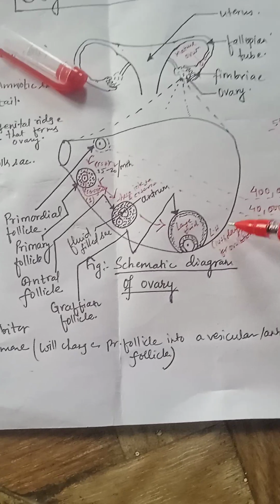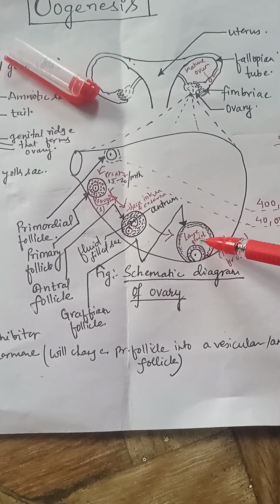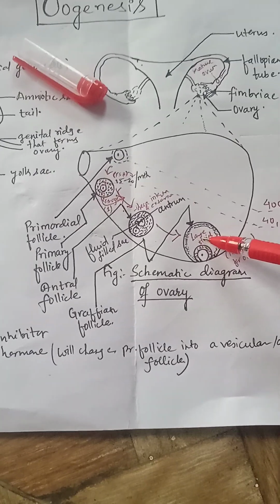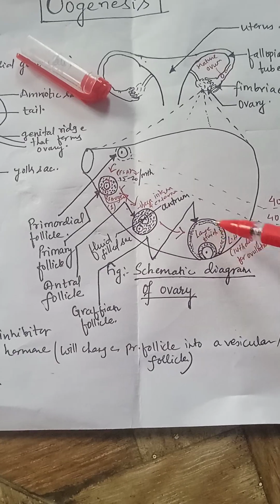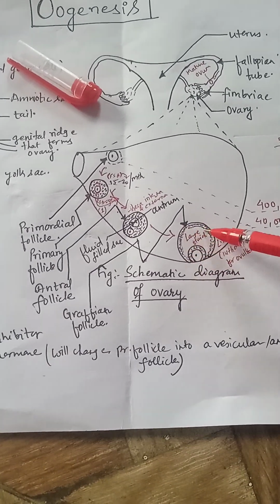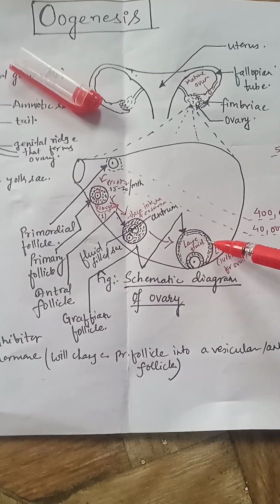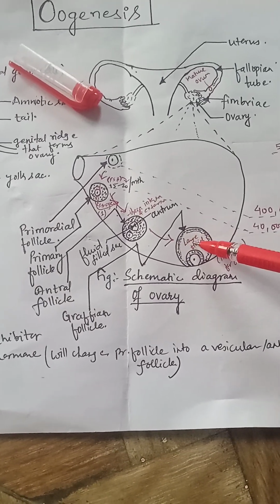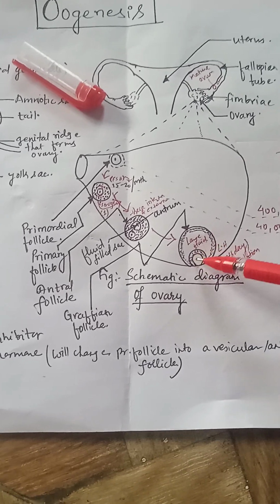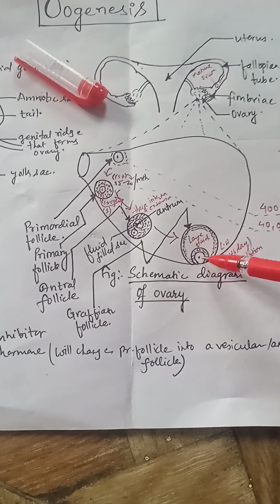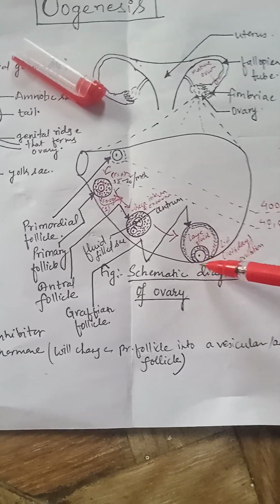Let us see here. The large fluid filled space known as antrum will become much more enlarged, filled with a high content of fluid. The follicular cells will move apart, and this antrum will push the egg cell, which is paused at metaphase second stage, closer towards the wall of the ovary.